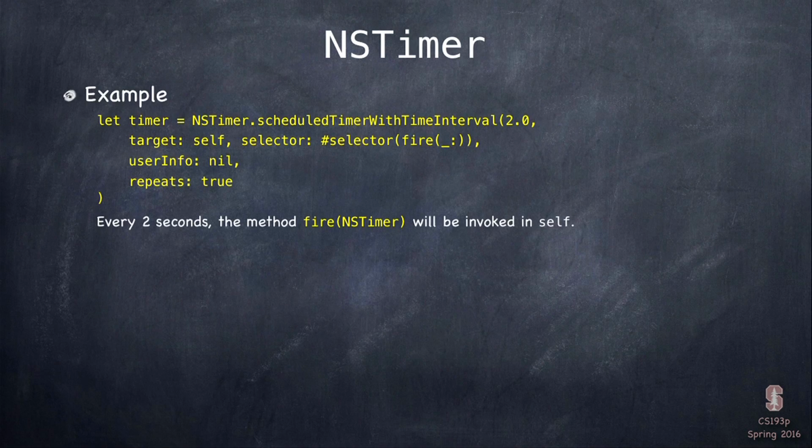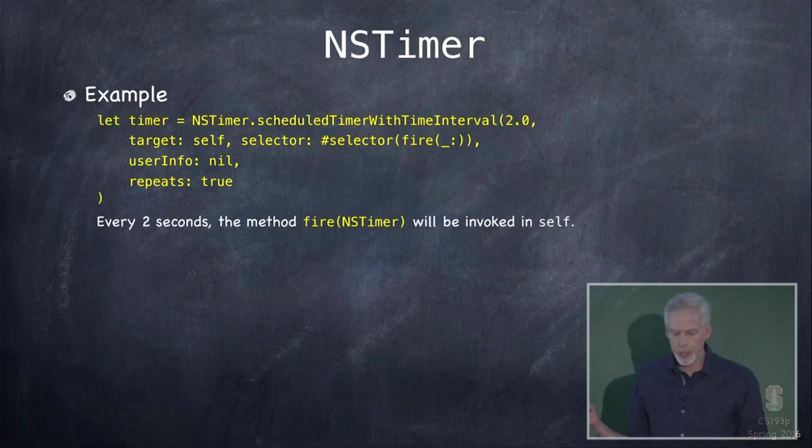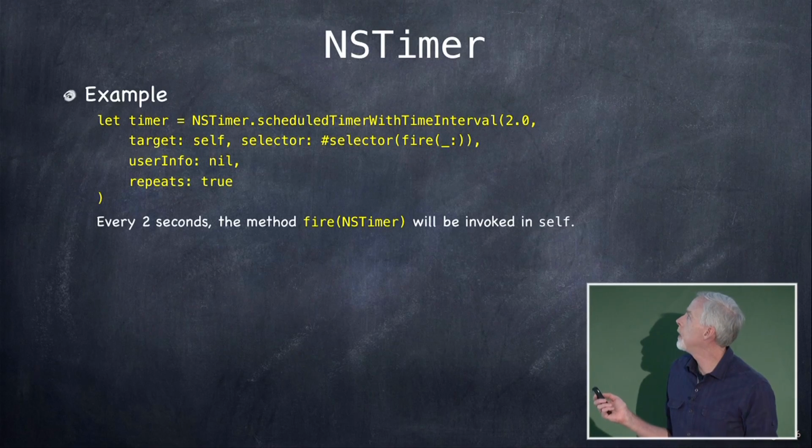So here's an example of calling it. I'm calling it for it to go off in 2 seconds there. You see, 2 seconds. And I'm going to call a method in myself called fire. It has one argument. We'll talk about what that argument is in a second. And then here I'm not passing any context or cookie, just nil. And this one's going to be repeating. So every 2 seconds, this method fire is going to be invoked in self.